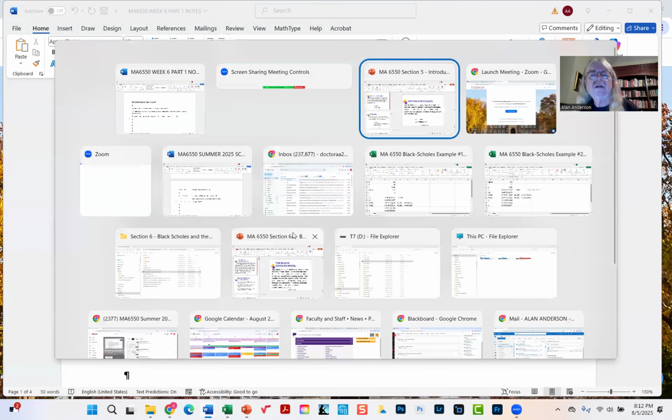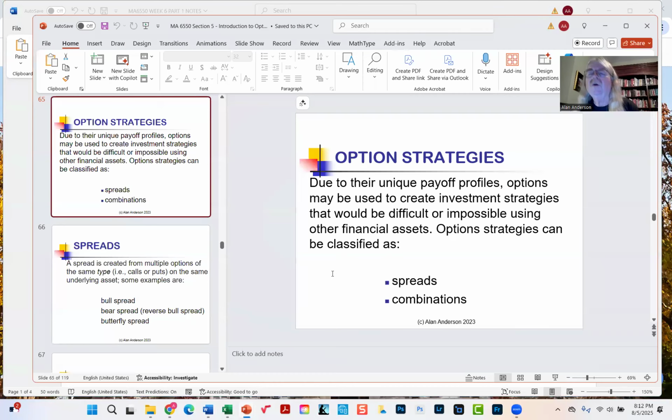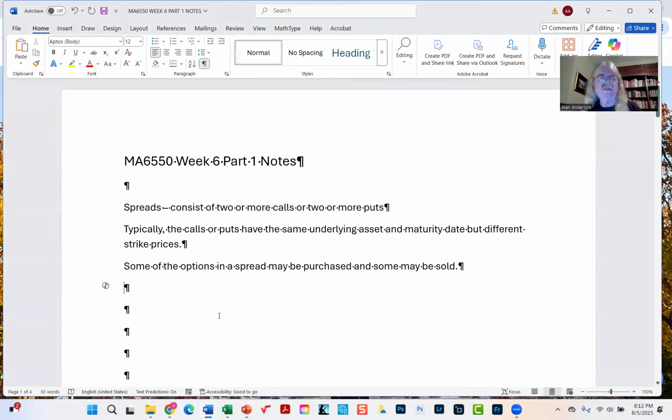So we have a couple of possibilities here. Oh, I almost forgot to mention combinations. Combinations consist of at least one call and at least one put. Again, they typically will have different strike prices, although they don't have to, because it's a call and a put here.